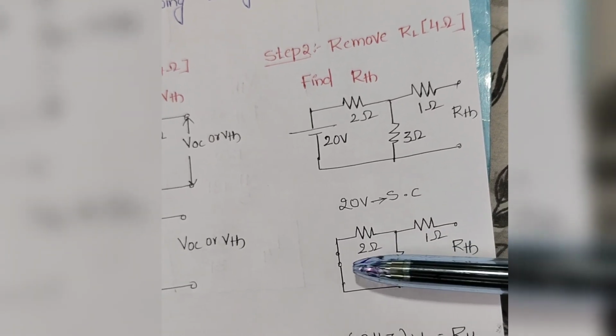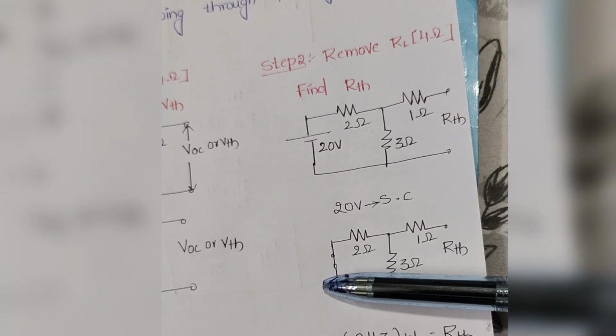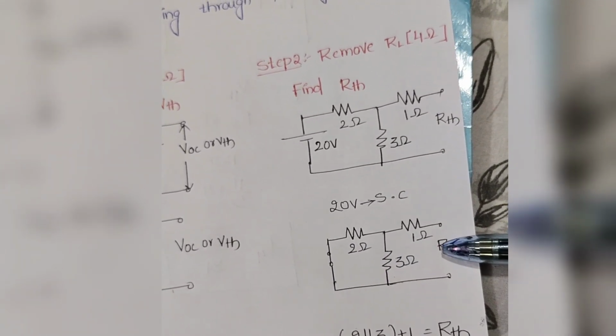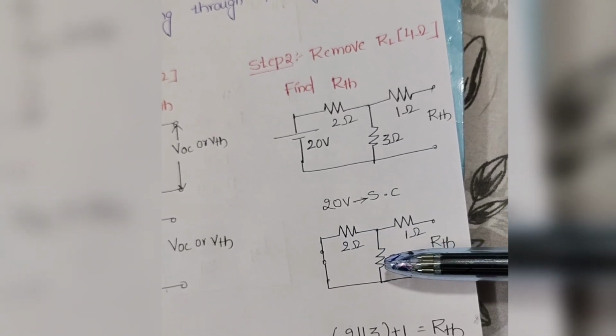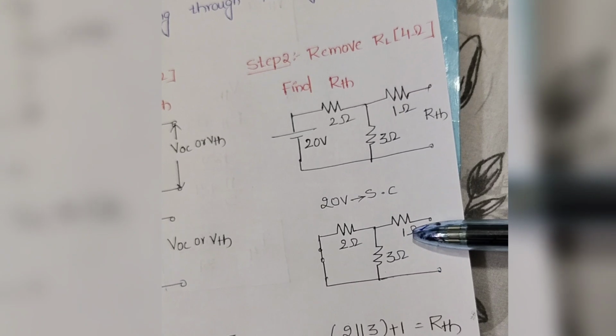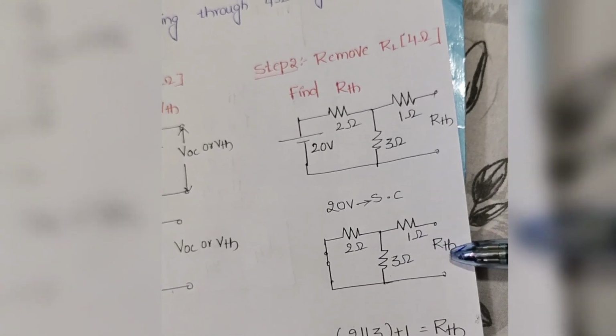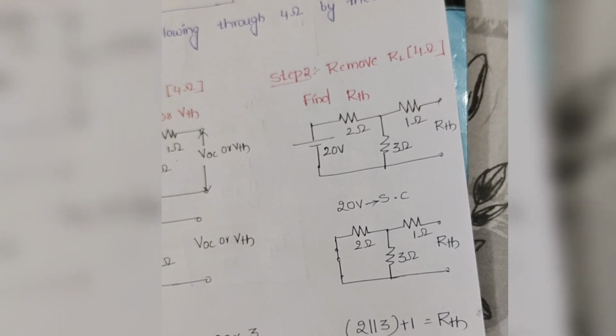Our calculation starts from the opposite side. Here, opposite to these terminals, we have 2 ohms and 3 ohms in parallel. That resultant is in series with 1 ohm, and that is the RTH. 2 ohms and 3 ohms are in parallel.